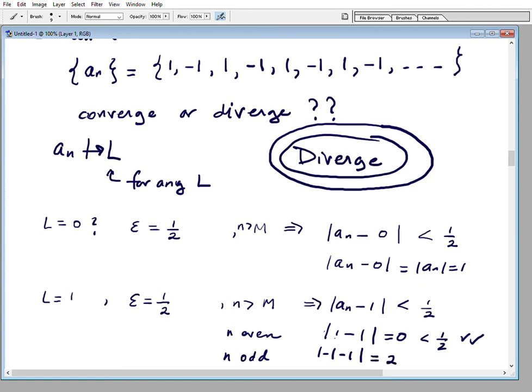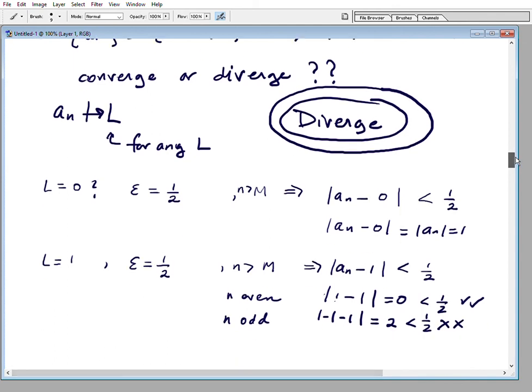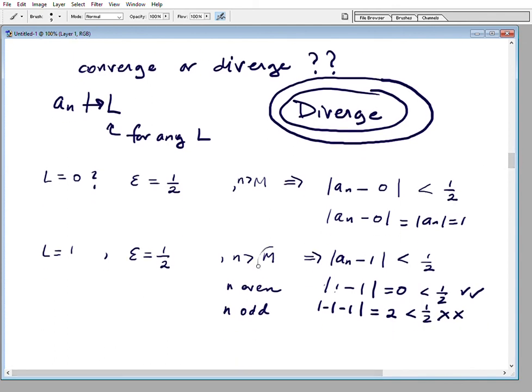That's 2, not less than a half. So it doesn't matter how big we get. If we take m equal 1,000, doesn't matter. We're always going to have an odd number that's bigger than 1,000, and we won't be able to always make this difference less than a half. Sometimes it'll be 0. It'll toggle between 0 and 2. Doesn't matter what number we choose for L. We can't get this thing to be precise.